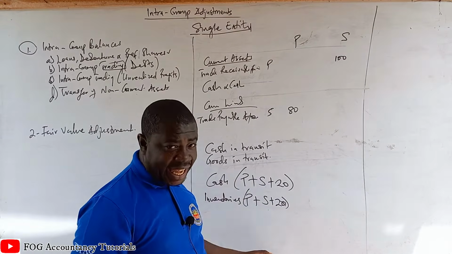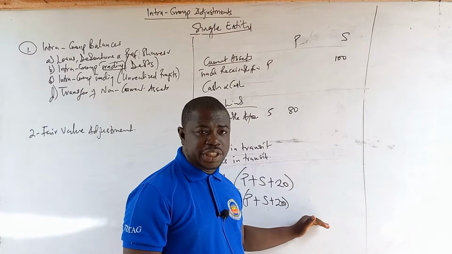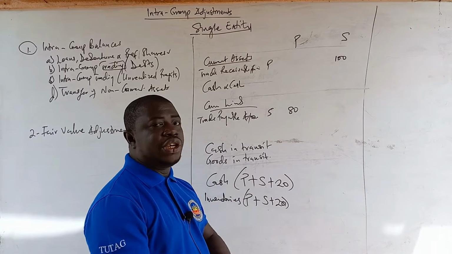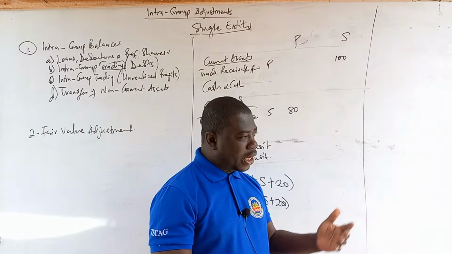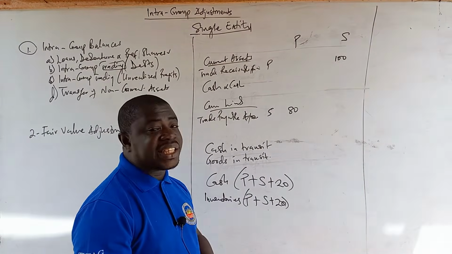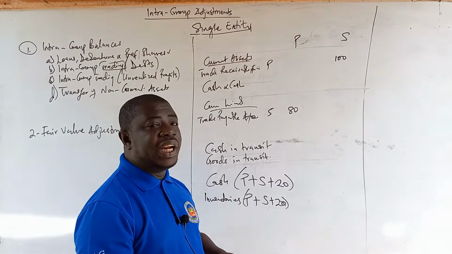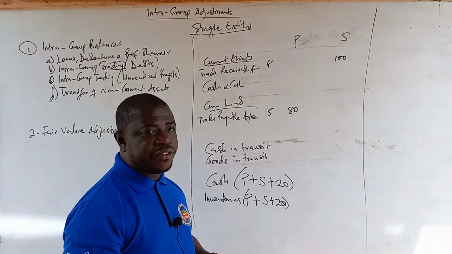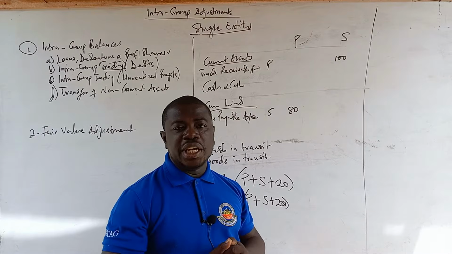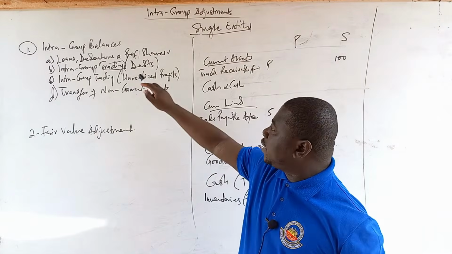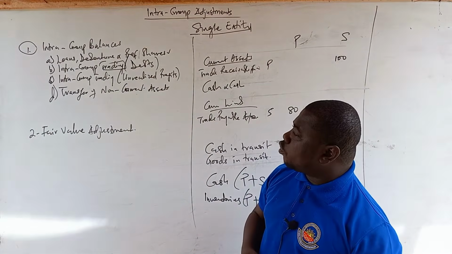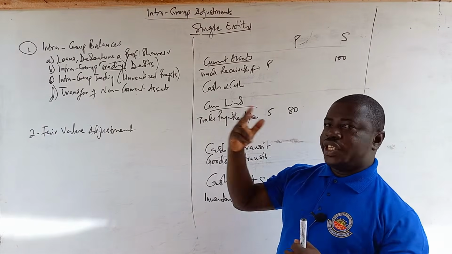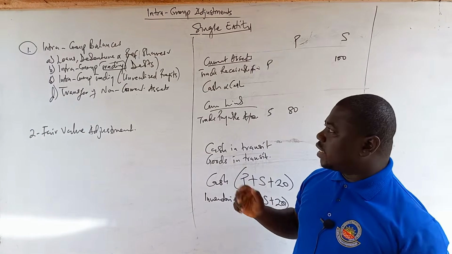If it is not clear as to how you should treat it or what is causing the difference, I think you can use your discretion and use any of them to make it agree. And I think the examiner will bear with you. But I am very confident that you will not be left in a confused state. Definitely the question should clarify what is causing the difference between the intra-group debts. And so, ladies and gentlemen, that is what I meant by intra-group debts, or intra-group trading resulting in debts. Okay, so we sell to each other and then we cancel off our debt.